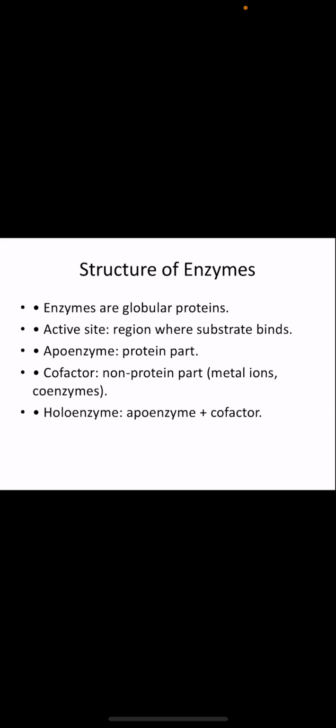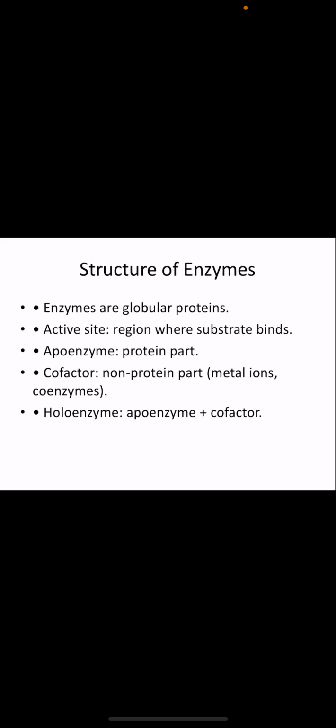Then there is the secondary and tertiary structure. Secondary structure is a local folding, where the alpha helix and beta sheet exist. Tertiary is the overall 3D structure, which forms the active site where the substrate binds.